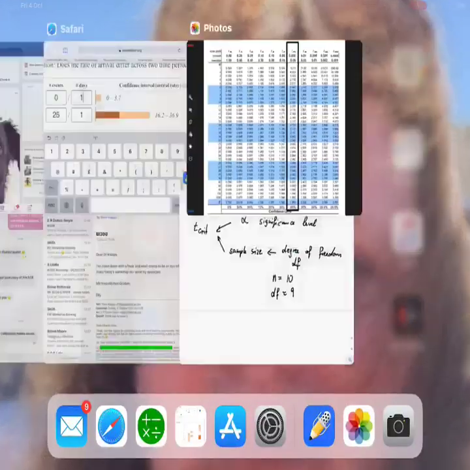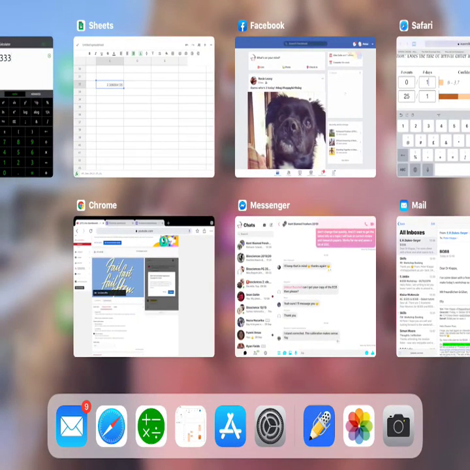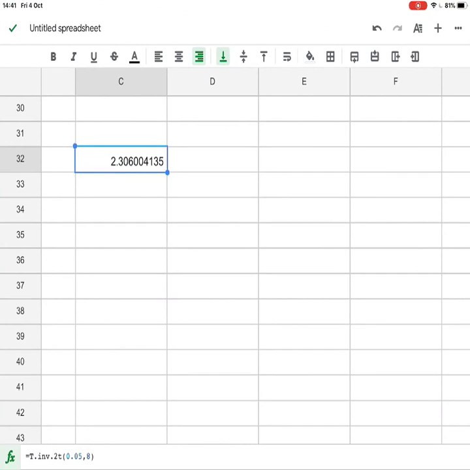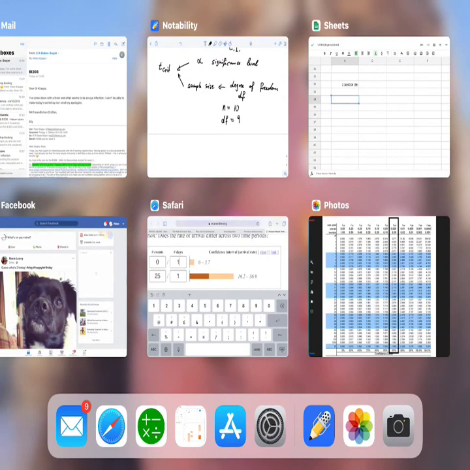The other option that you could use is actually any spreadsheet program, and it has a function. Let me write this function down.